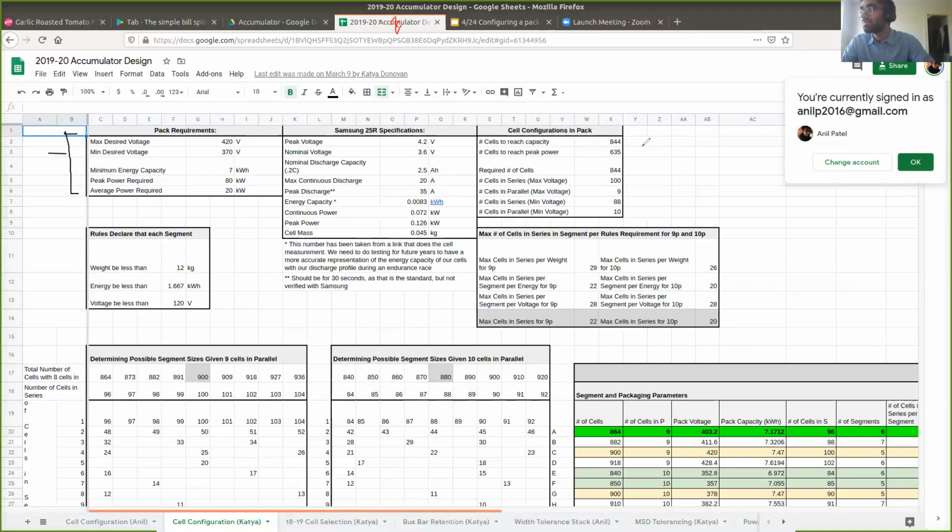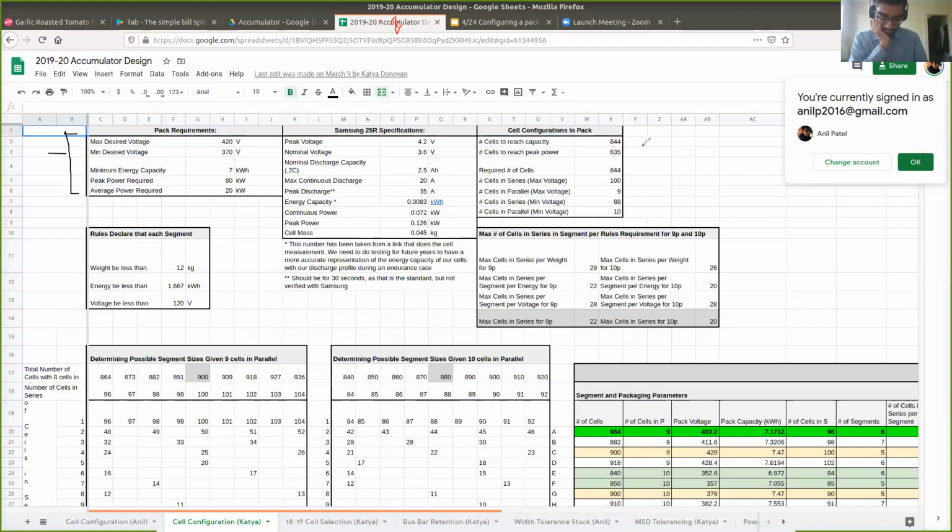So over here, we're basically looking at our pack requirements. Based on our motor controller, we can only get up to 420. And then there's a bottom minimum desired voltage, which is basically reaching up the limits, but gives us more choices depending on how the configuration might go.